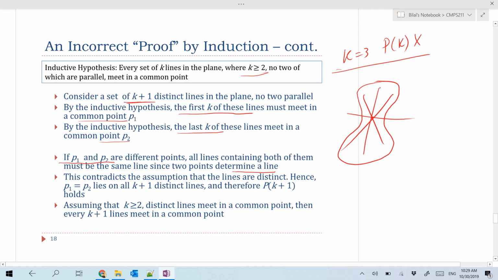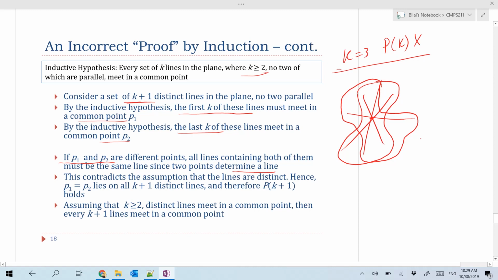And if I consider another subset of lines, then if they meet in a certain common point P2, then P1 and P2 must be the same, okay? In my case, all these lines pass by a certain point. Otherwise, it won't actually be possible, okay?